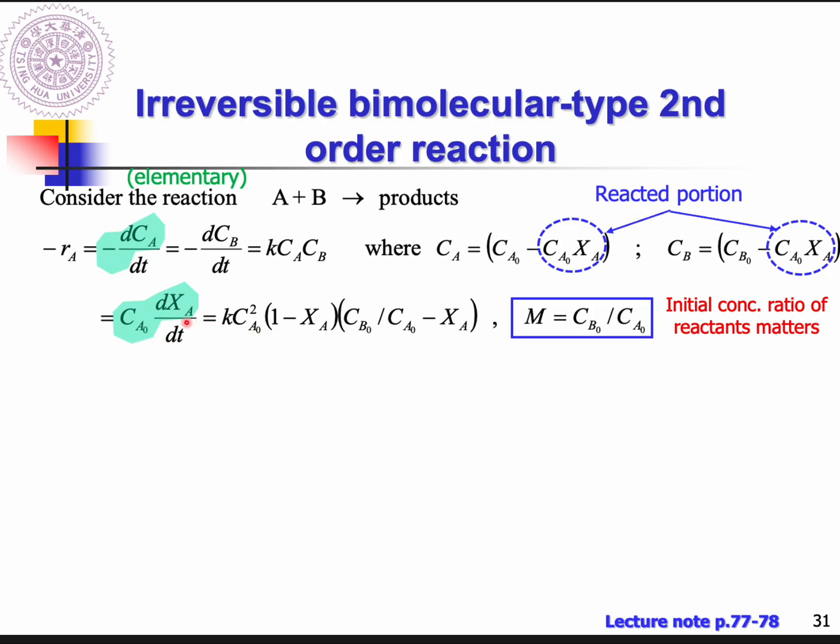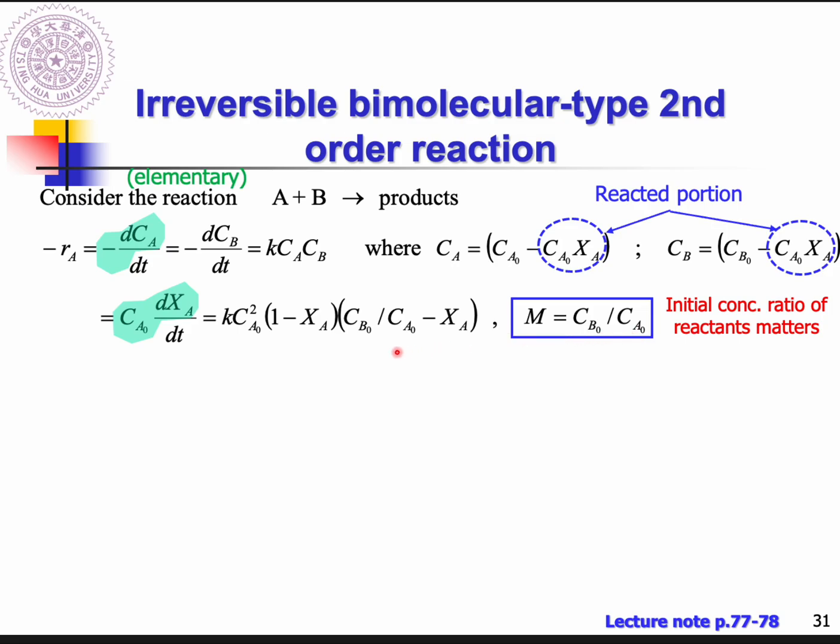Yes, you got the parameters XA and t, and the rest of the parts are constants, for example CA0, k and CB0. But the interesting part is what CB0 divided by CA0 is. Actually, it's the initial concentration ratio of reactant B to A, right?